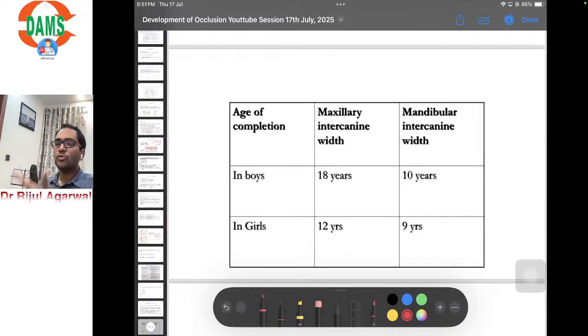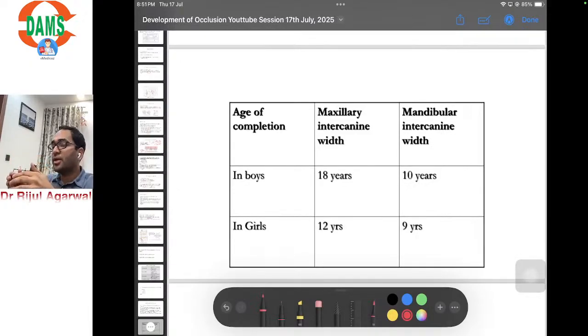So how is it prevented? Again, I am telling you how nature works. Nature tries its level best to prevent any kind of malocclusion from occurring. As the mandible grows, the maxillary bone growth is finished, but the maxillary dental or intercanine width growth still occurs.